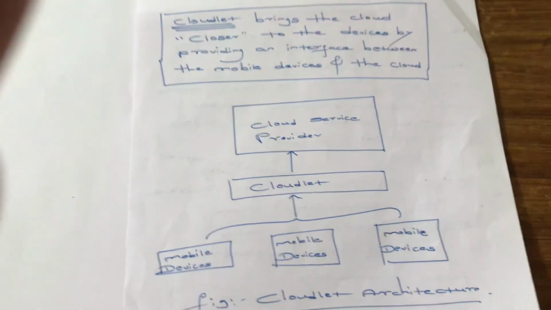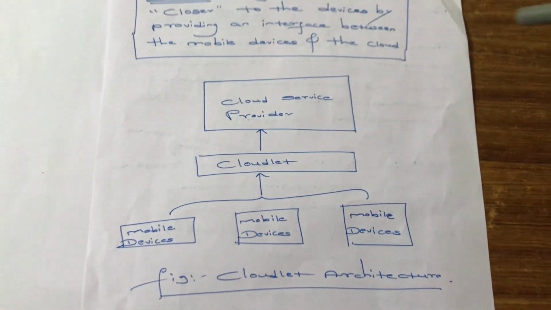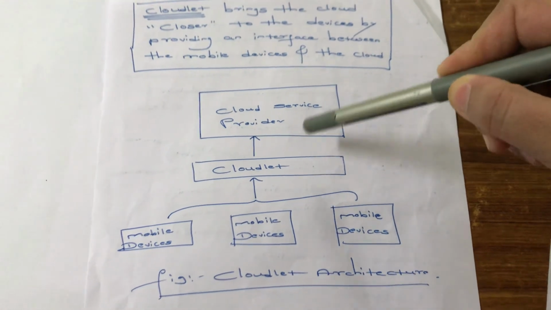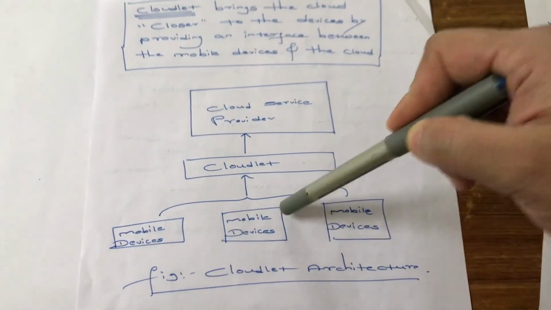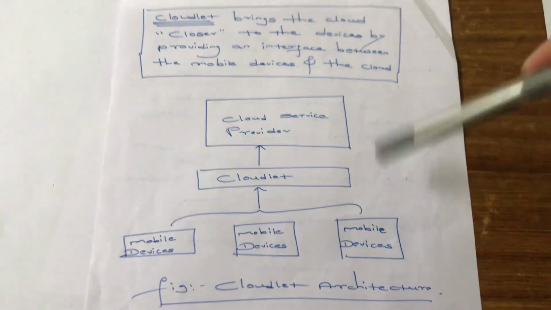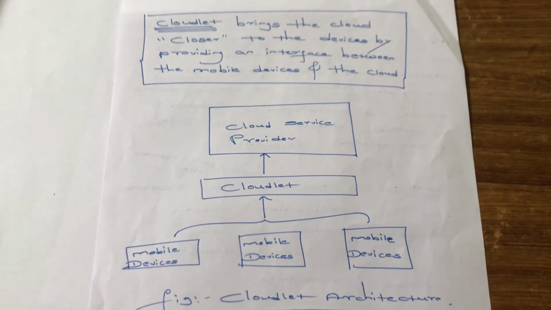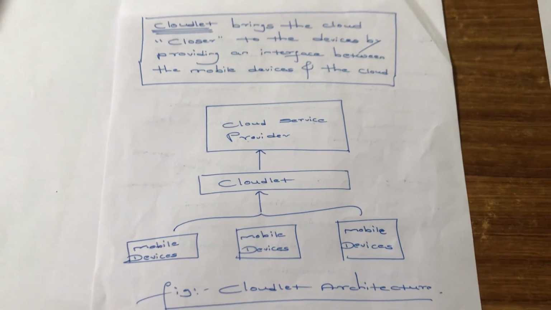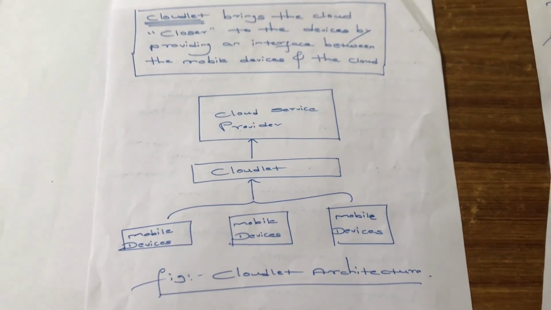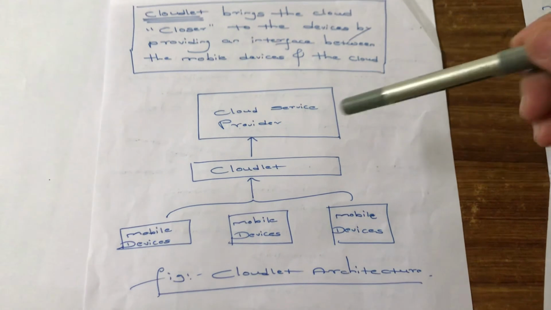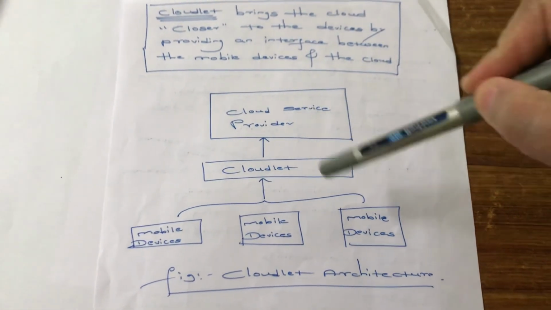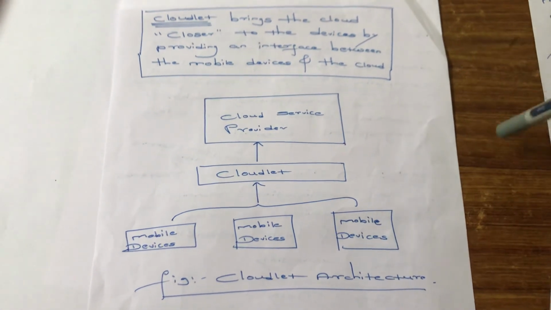So we will see the diagram here. As we can see here, we have the cloud service provider, here we have a Cloudlet, and these are the different types of mobile devices. So what the Cloudlet does, it brings the cloud closer to the device by providing an interface between the mobile devices and the cloud. So Cloudlet acts as an interface between the cloud service provider and the mobile devices.